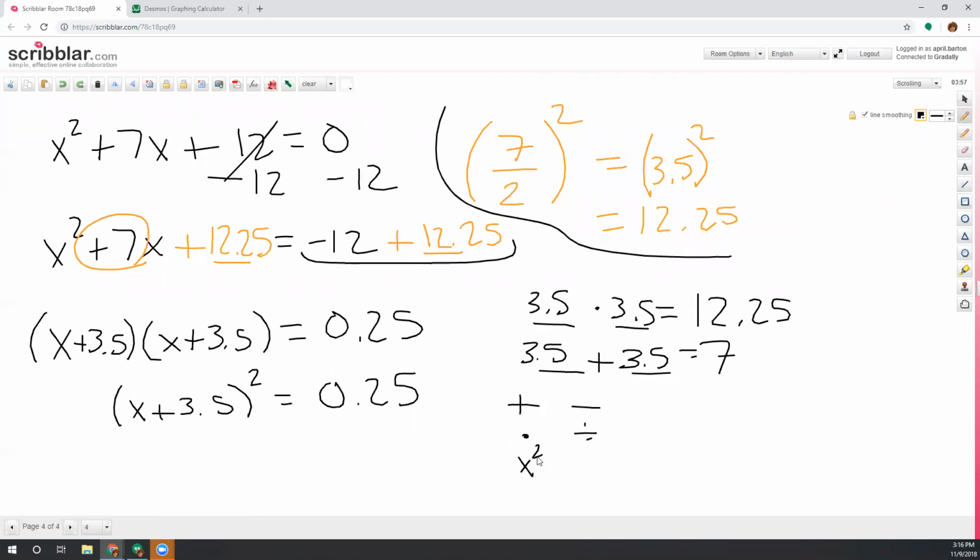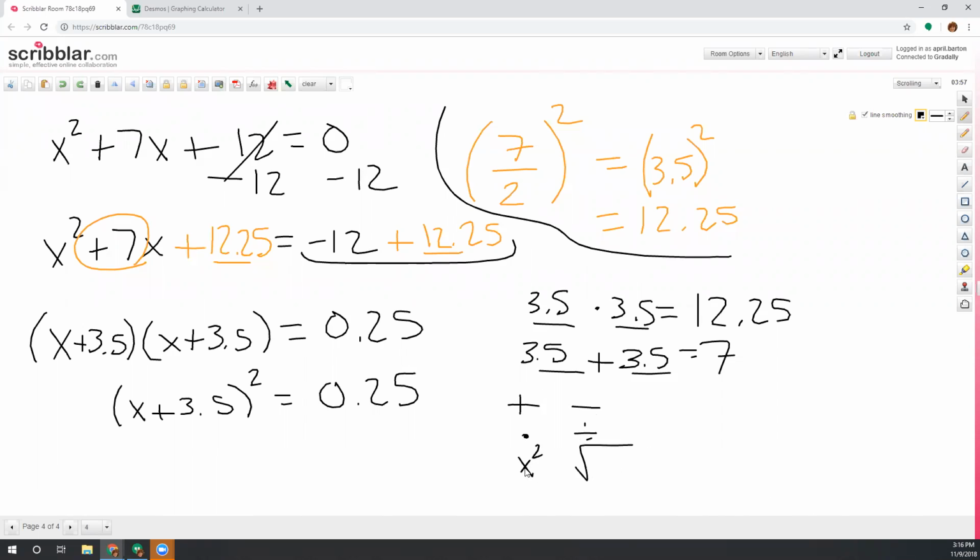But squaring something, the opposite is to square root it. It's used a lot less often than our regular opposites, so it's harder to remember this opposite.